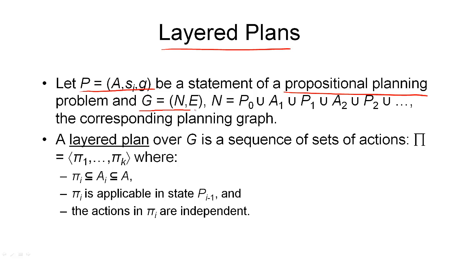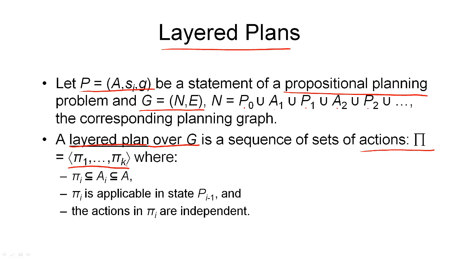Then we have a planning graph consisting of nodes and edges, where the nodes are given by the first proposition layer, the first action layer, and so on, always alternating action and proposition layers, as we've seen earlier. Then we can define what we mean by a layered plan over this graph, and we define it as a sequence of sets of actions, denoted here by this big symbol pi. And this is the sequence pi 1 through pi k.